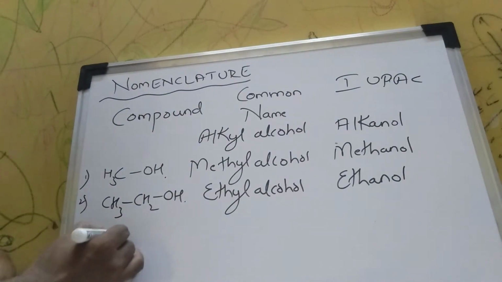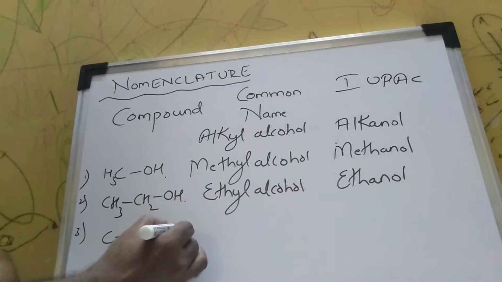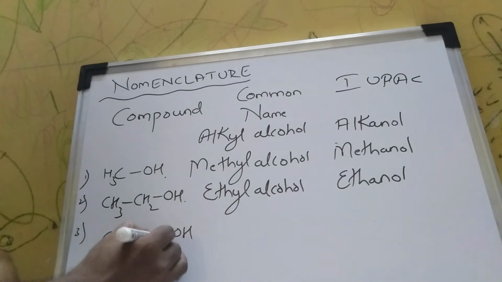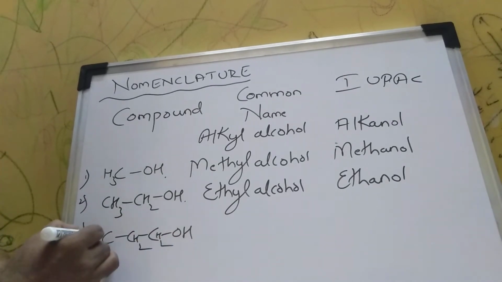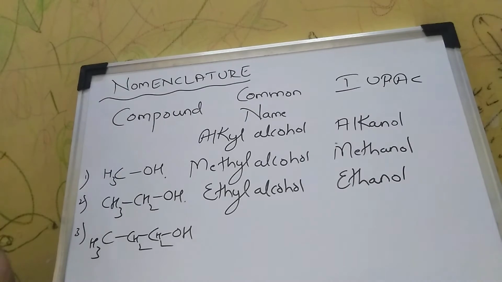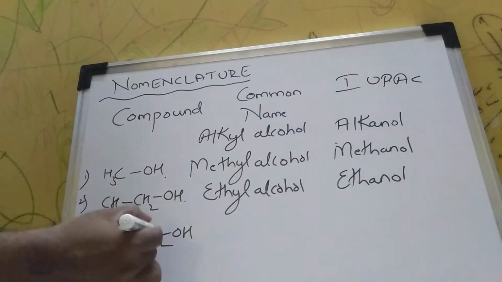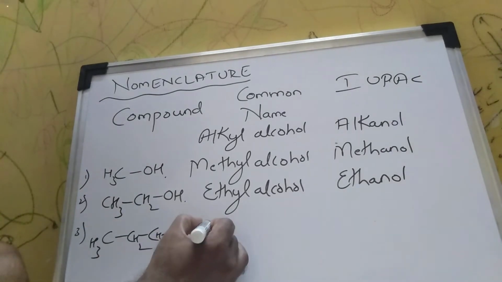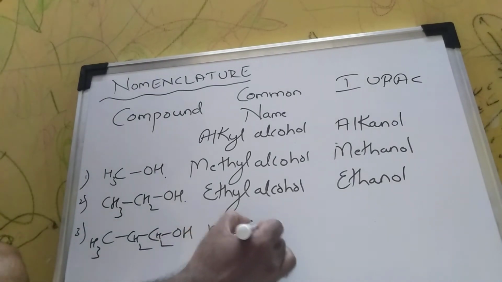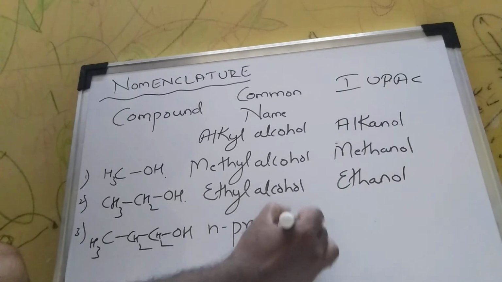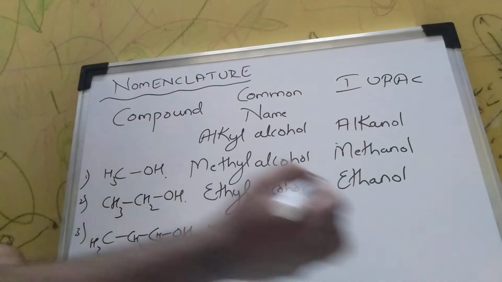Third, 3 carbon atoms, OH, CH2, CH2, CH3. 3 carbon atoms means propyl. All the 3 are in straight chain, means N. N-propyl alcohol.